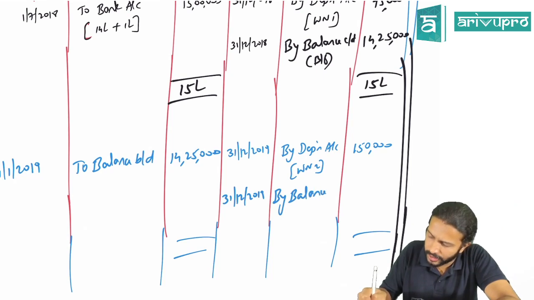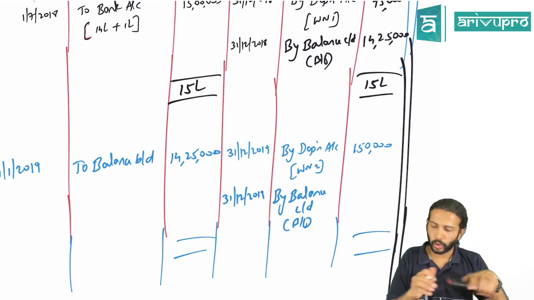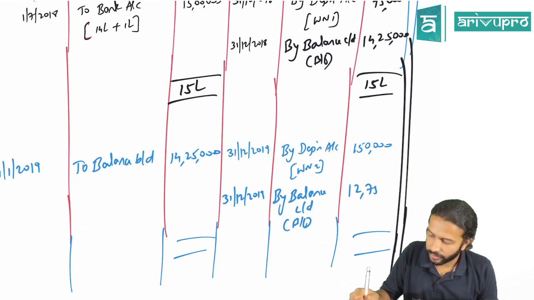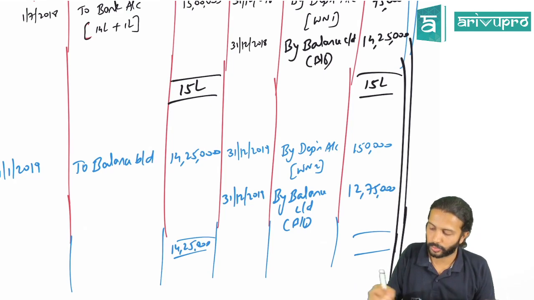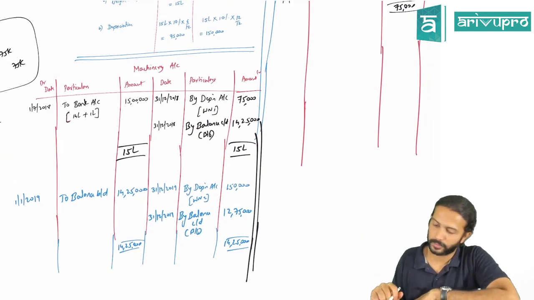By balance carried down, arrived as balancing figure. How much is that? 14,25,000 minus 1,50,000 will give you 12,75,000 is the ledger balance. So this ledger is closed off. Both the sides 14,25,000. So machinery ledger we have done.